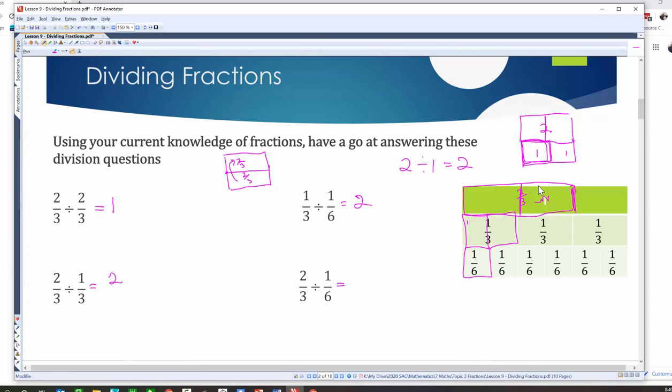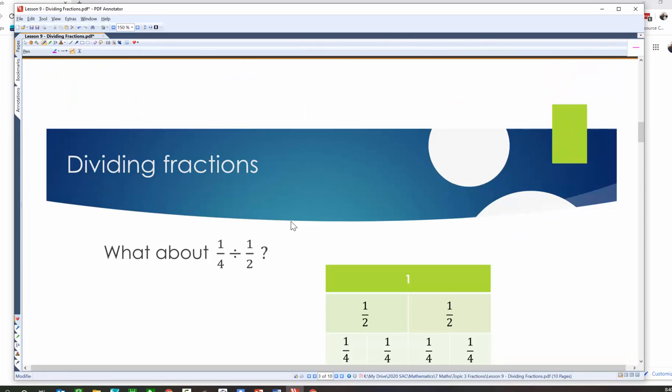Well, again, I've got 2/3 already here. Here's a sixth. I can see that I'm going to get 1, 2, 3, and 4. Okay, so the answer to this one here is going to be 4. So this is kind of like intuitive or visualization in terms of answering these questions.